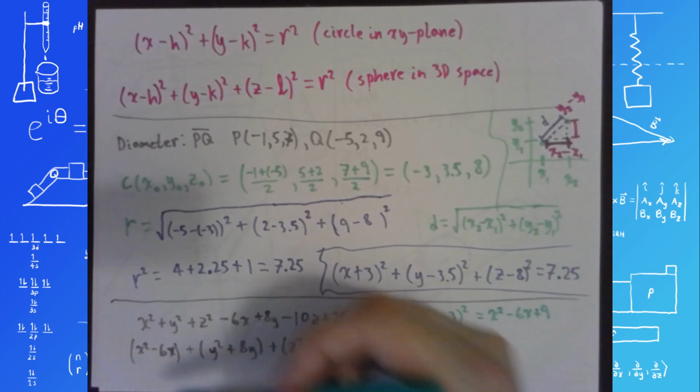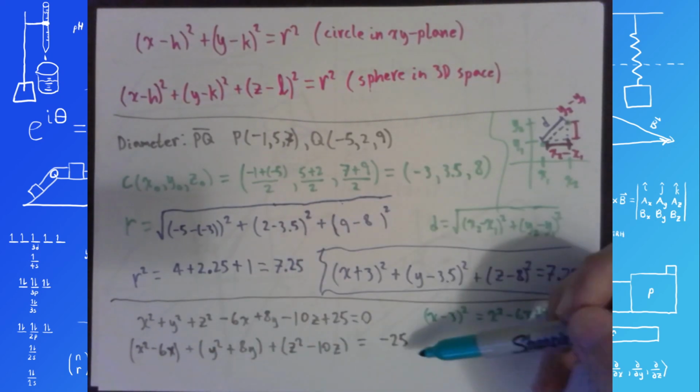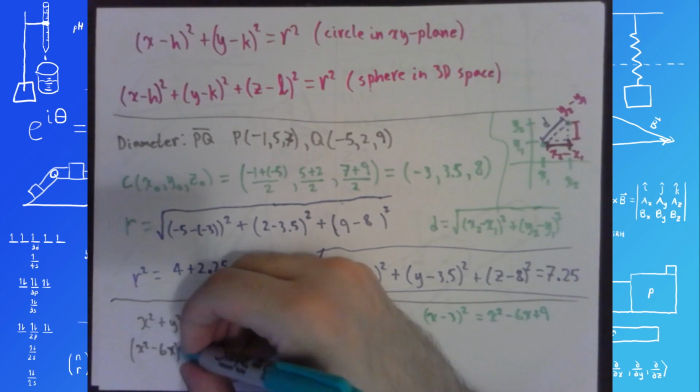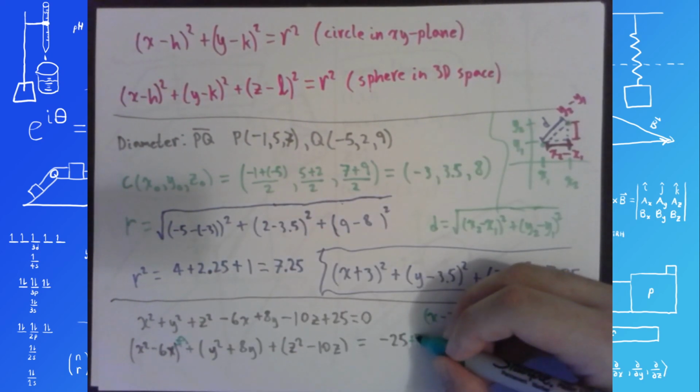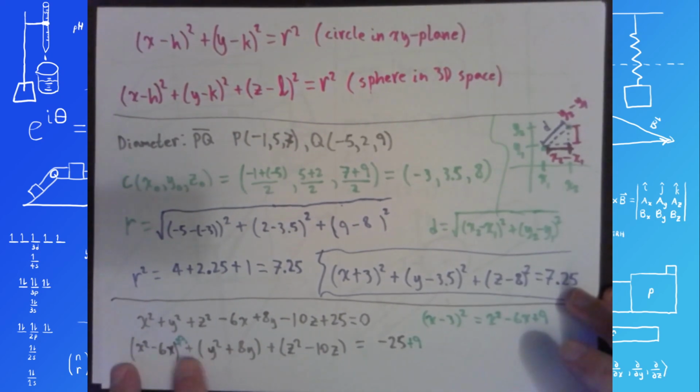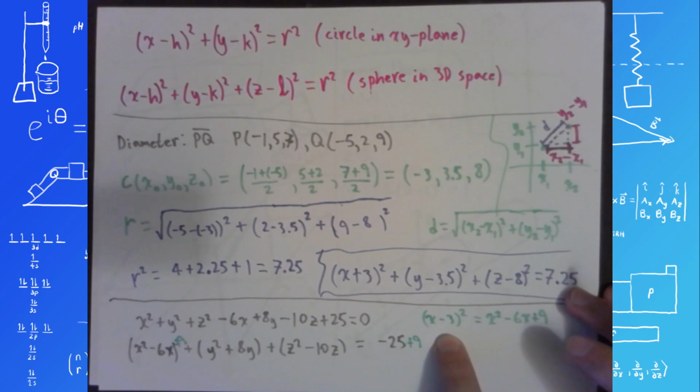So if I add 9 to this and add 9 to this, then this becomes x squared minus 6x plus 9, which we can simplify to x minus 3 squared.